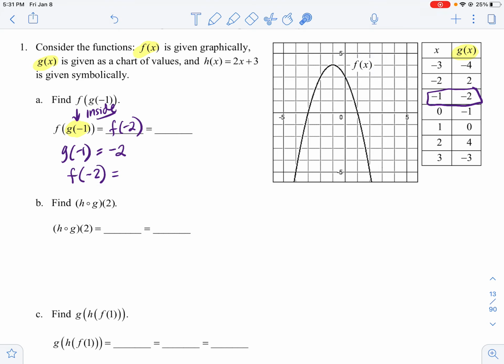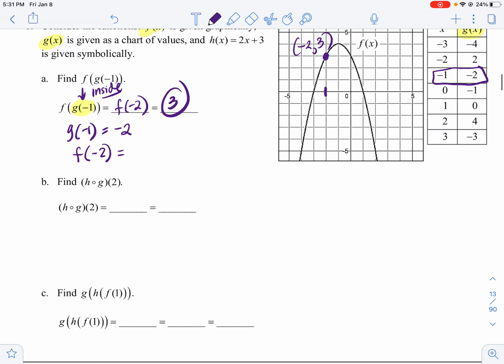F of negative 2 means that if the x is negative 2, right here, where is the corresponding point? Right here. So this is negative 2. What's the y of that point? It is 3. So the final answer is 3. So f of g of negative 1 is 3.